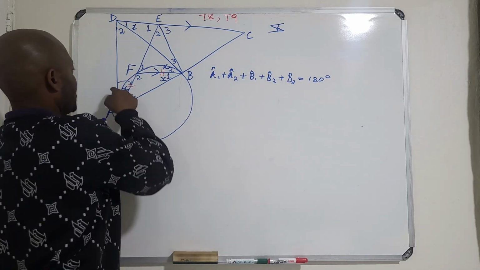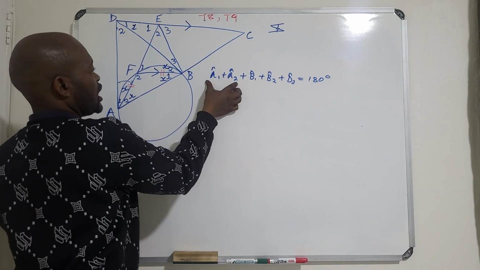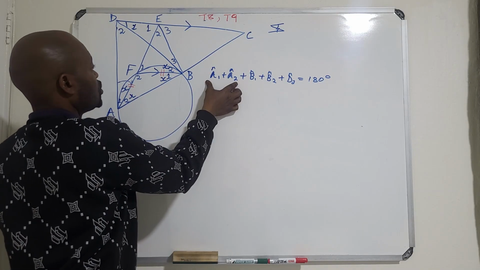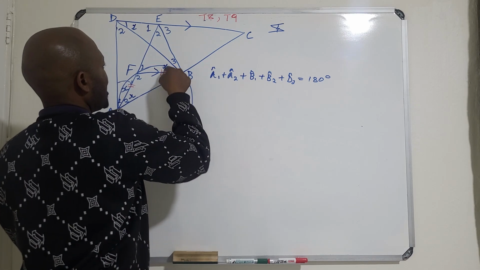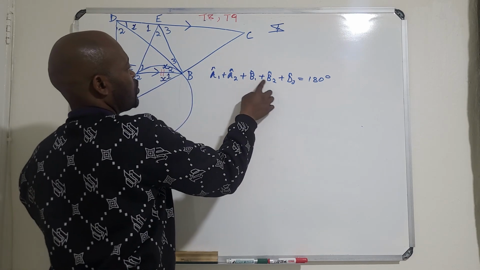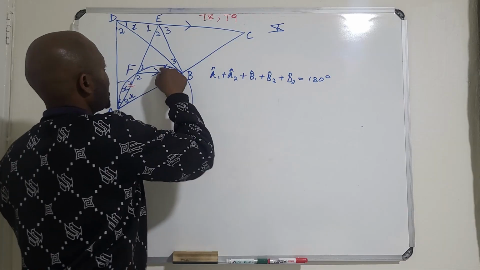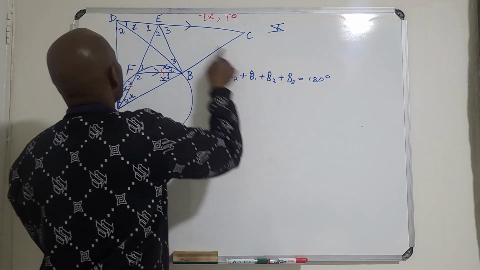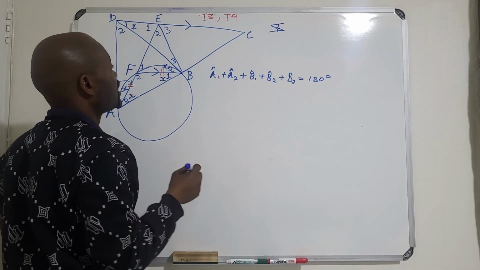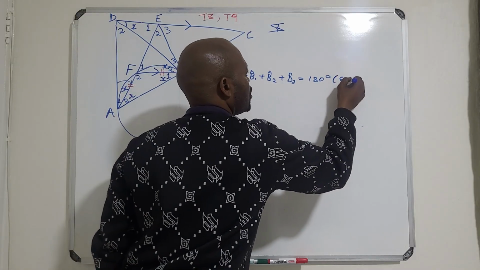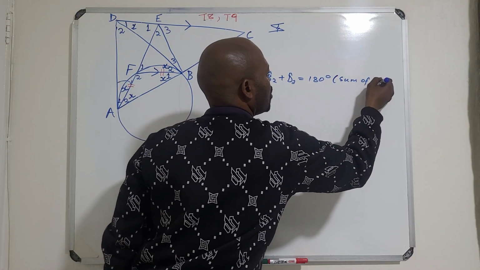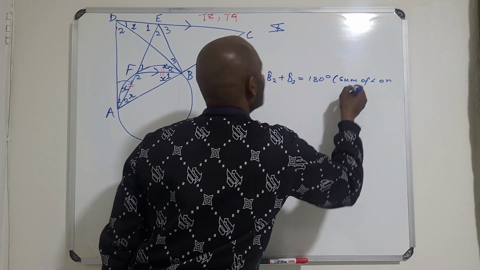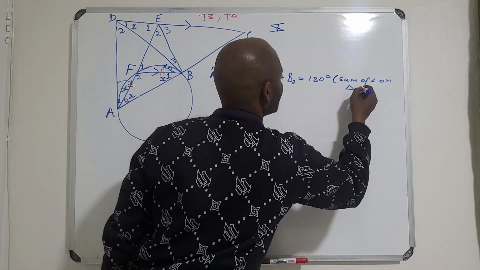I've added this angle, which is angle A1 plus A2, plus this angle, which is angle B1 plus B2, plus angle D2, which is the sum of angles in triangle ADB.